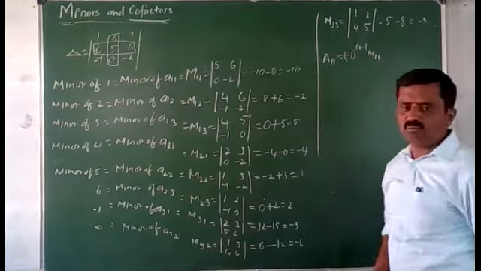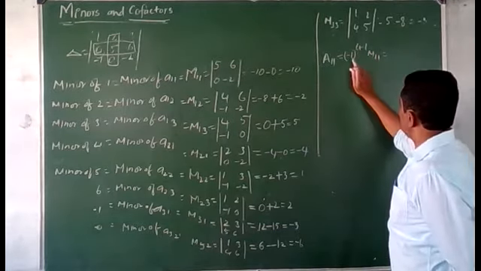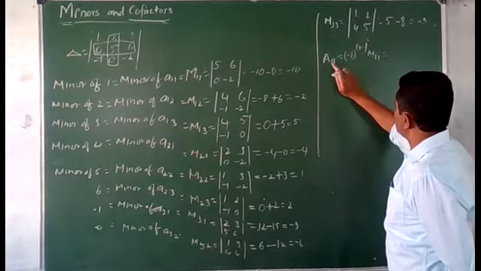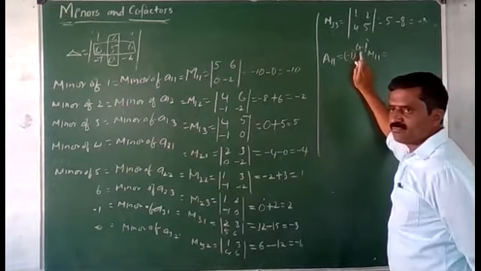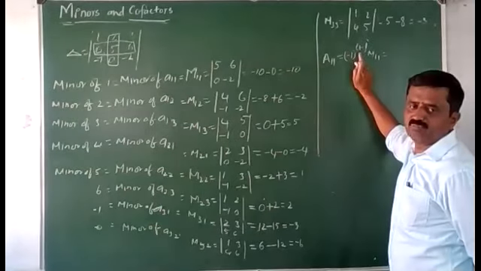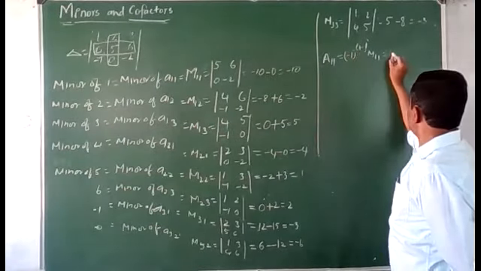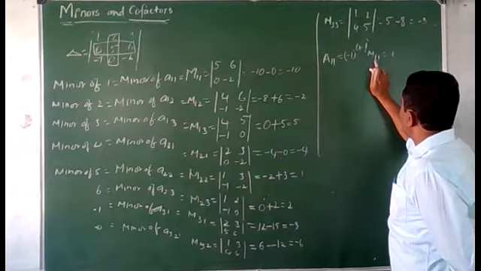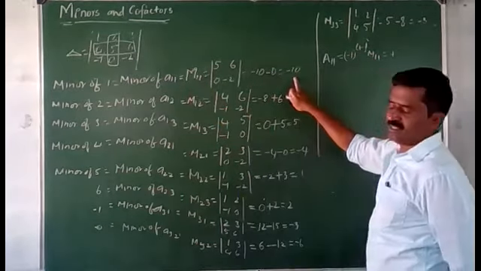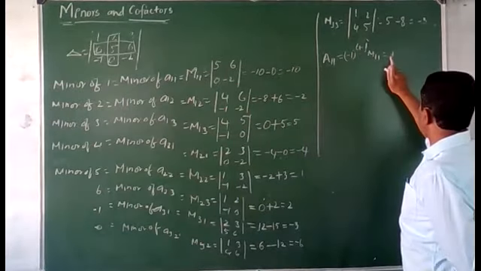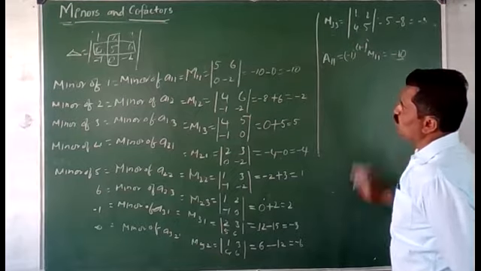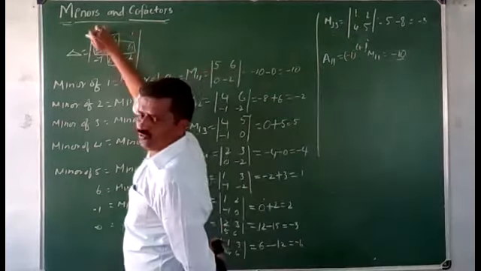Again, that is minus 1 whole to the power of 1 plus 1, which gives 2. Minus 1 whole to the power of 2 gives plus. So that is plus into M11. Here we have M11. What is M11? That is minus 10. Plus into minus gives minus 10. So minus 10 is the cofactor of 1.